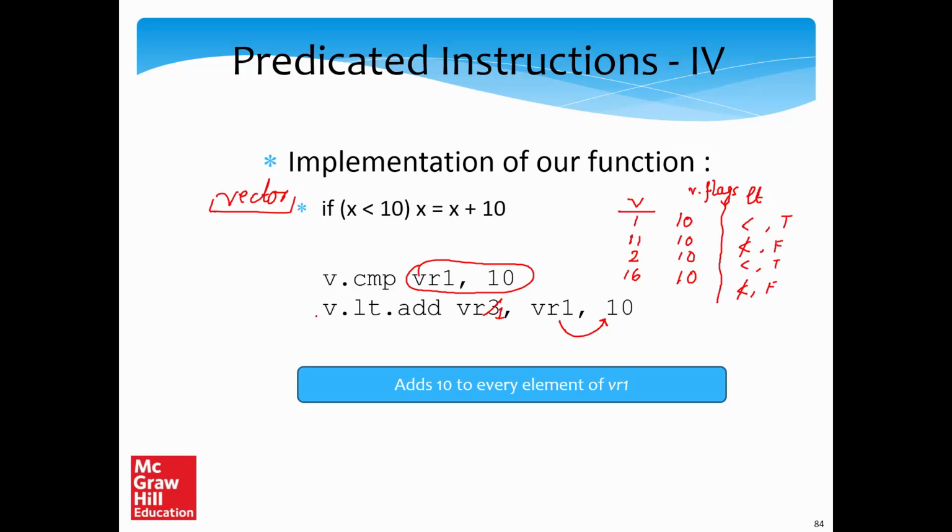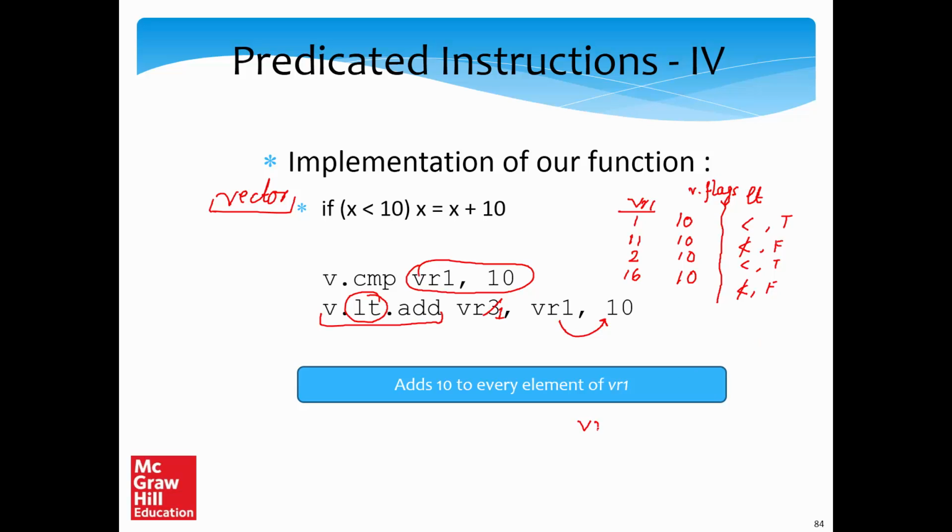But of course, this is not a normal add instruction. It's a predicated add instruction with a predicate LT, which means that when we actually perform the addition, we'll consider the elements of VR1, and so the elements of VR1 will be 1, 11, 2, and 16.